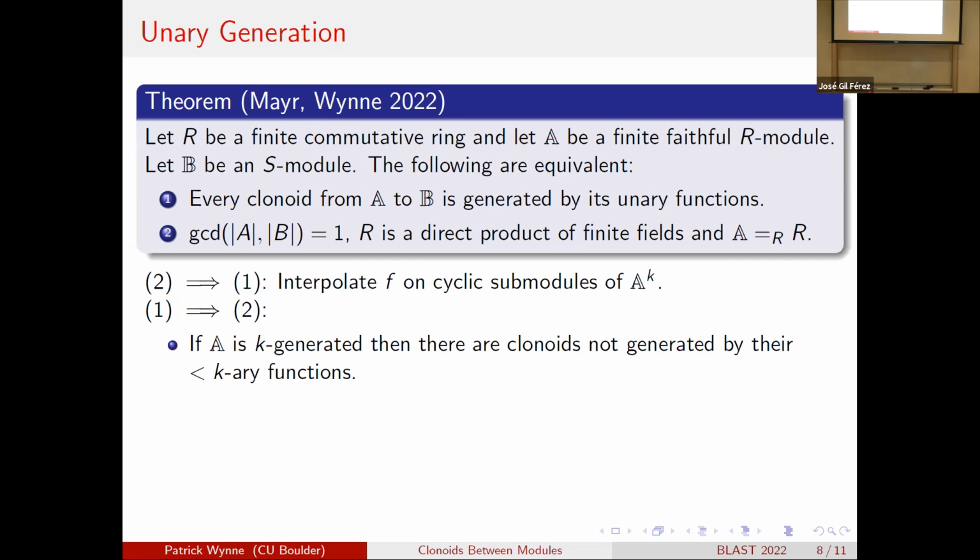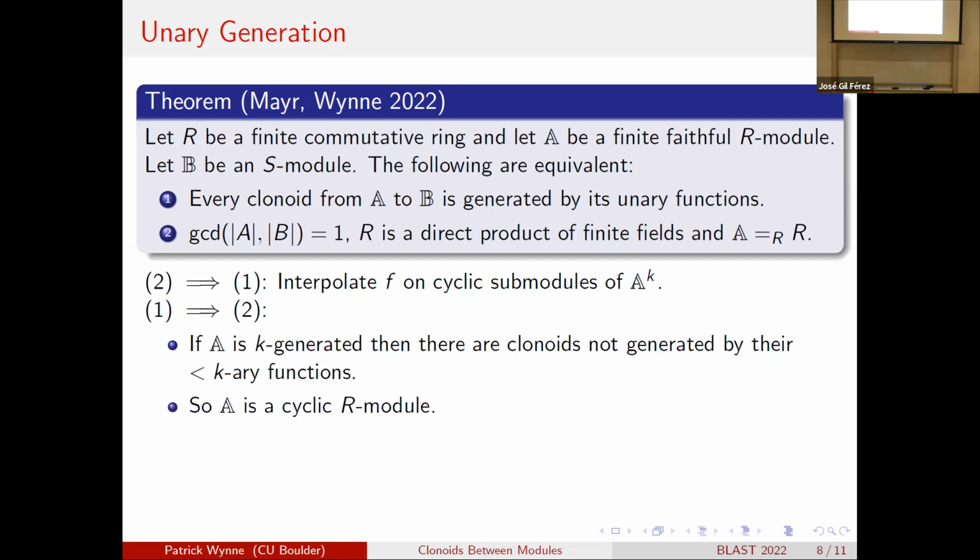So in particular, for A generated by K elements for K greater than 1, we have some clonoid that's 0 on its unary part, 0 on its binary part, all the way up to its K minus 1 ary part. And then on the K-ary part of the clonoid, it's non-zero. And of course, this is different than the clonoid of all just 0 functions. And therefore, such clonoids cannot be generated by their less than K-ary part.